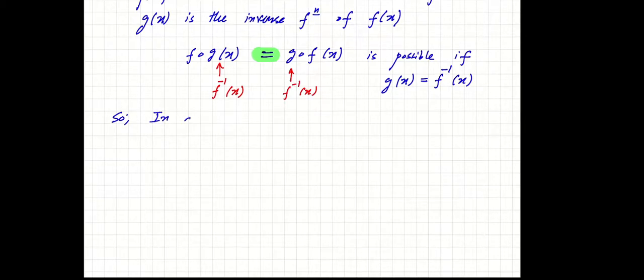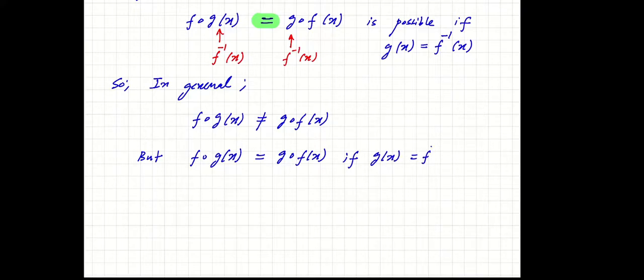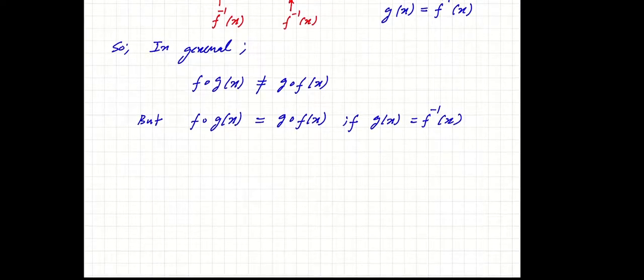So in general, f∘g(x) is not equal to g∘f(x). That is true. But f∘g(x) is equal to g∘f(x) if g(x) is f inverse x. That is what I taught you now.